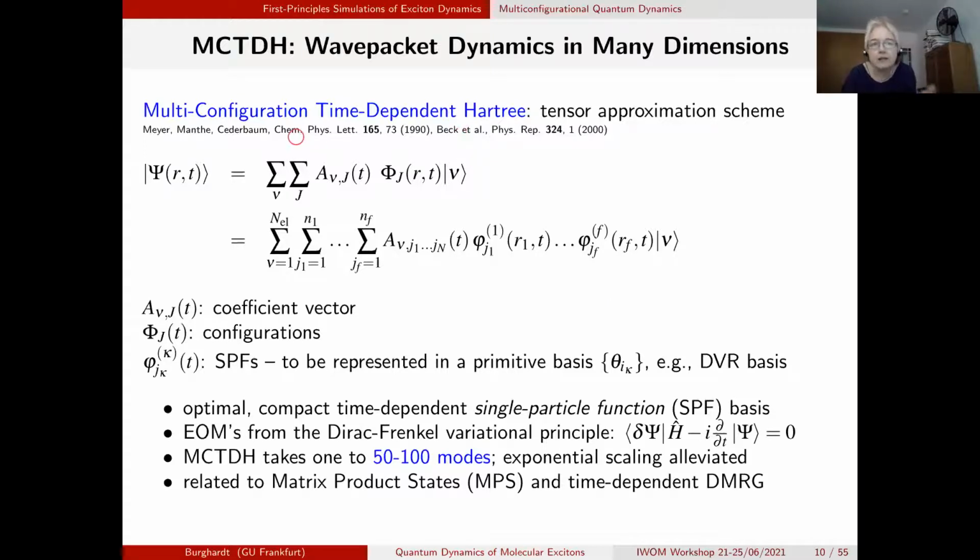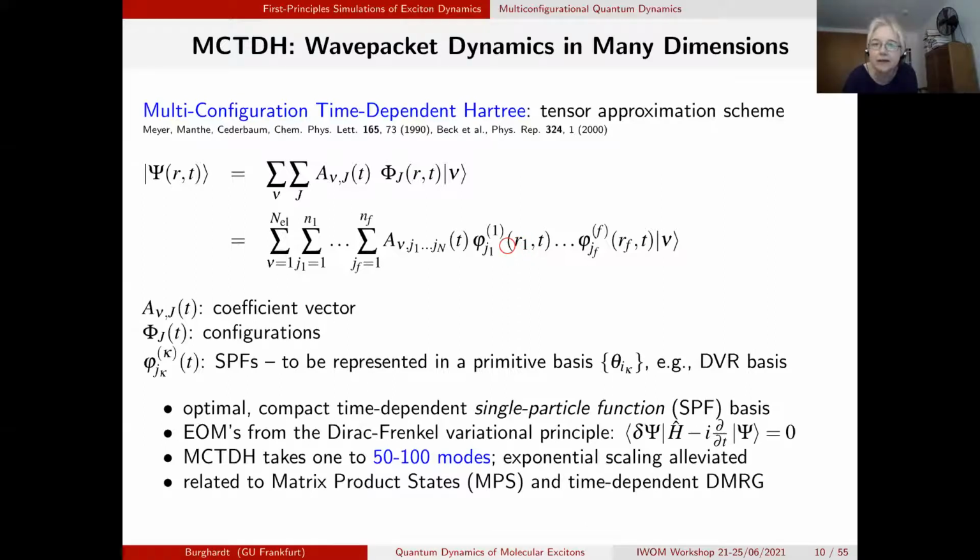So we use this multi-configuration time-dependent Hartree method, MCTDH, which represents a tensor approximation scheme. This means we have correlated wave functions in many dimensions, which are represented as sums over products. Now, this is a way to include correlations. And the key is that we break down the full time-dependent wave function into these subspaces that are represented by so-called single particle functions. And we have a time-dependent variational principle that is going to guarantee the optimal evolution of these single particle functions.